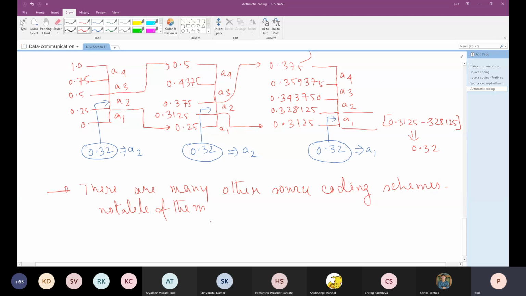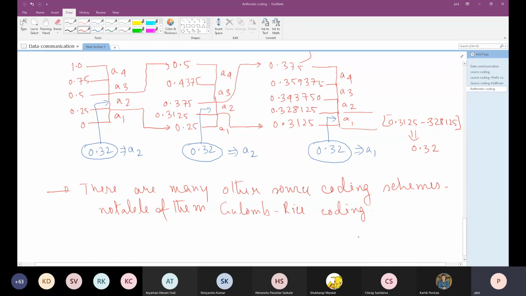Notable of them is Golomb-Rice coding, which is often used nowadays.